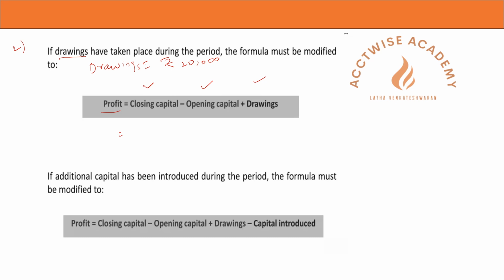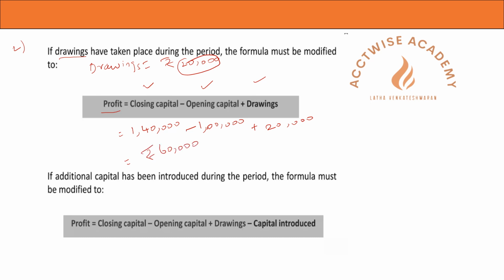We know from the previous example that the closing capital is 1,40,000. Let us take the same example. Opening capital is 1 lakh, plus drawings, which is 20,000.